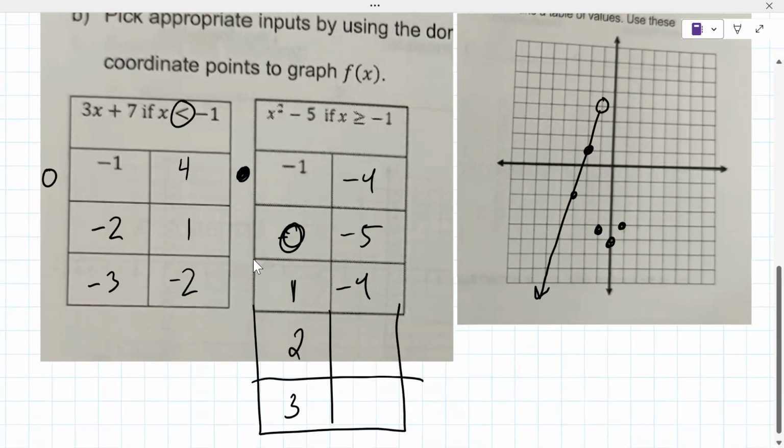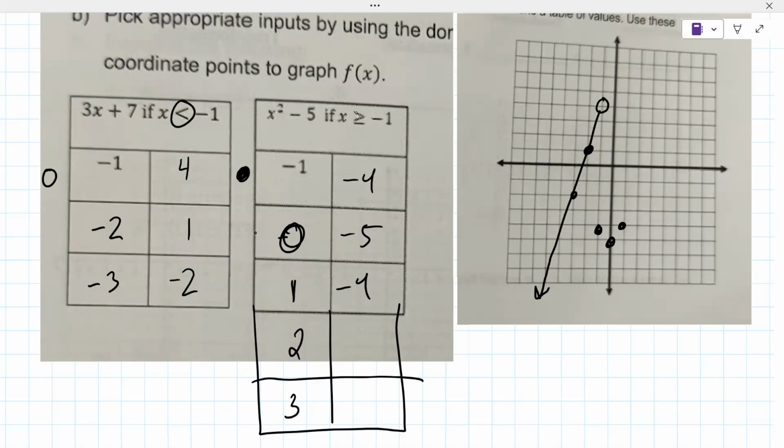So could you calculate those new points for us, please? -1 and 1.